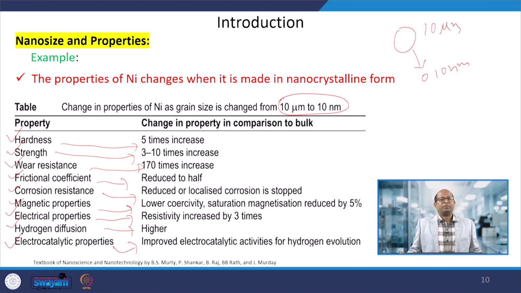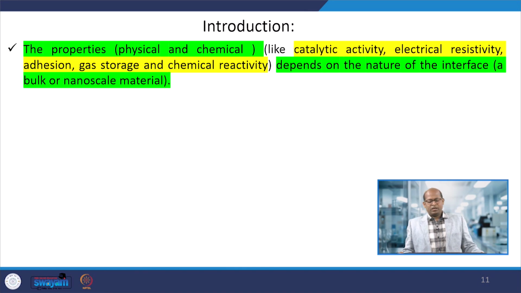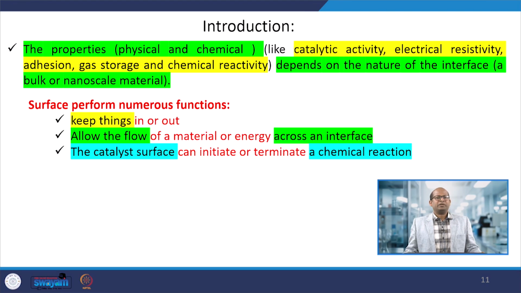Hence the material will be converted. I said there are so many properties; a particular material may be catalytic, electrical or have other properties, depending on the nature of the materials that we are preparing. Whenever we convert bulk materials into nanocrystalline materials, the surface property will change.